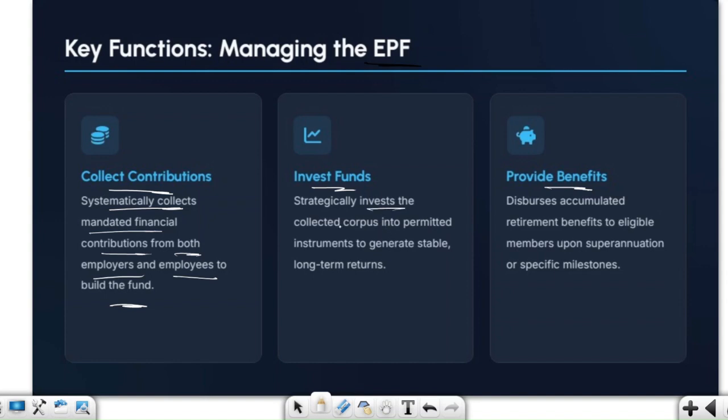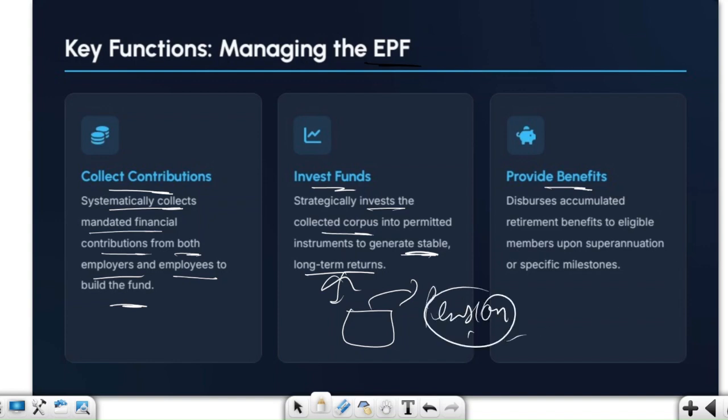Then we have to invest the collected corpus into permitted instruments to generate stable and long-term returns. We have to make sure that we generate the returns, as these are going to be used for the pension payments to the people. Then we disburse accumulated retirement benefits to eligible members upon superannuation or specific milestones.